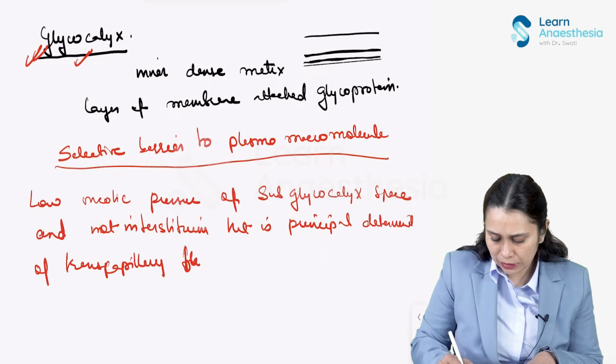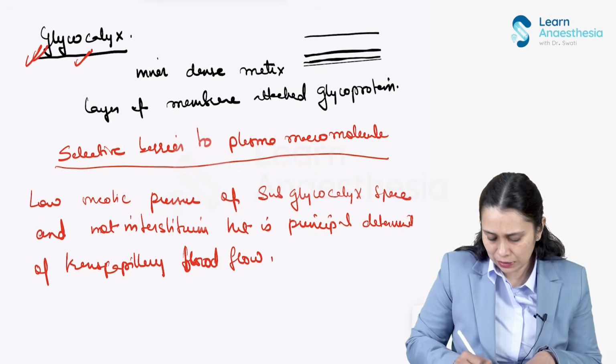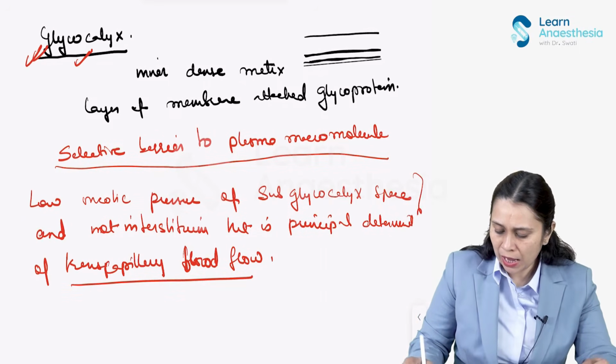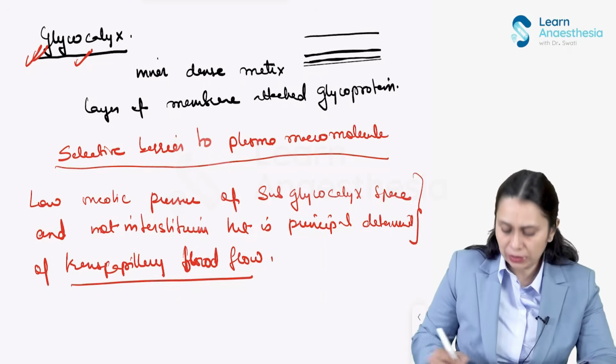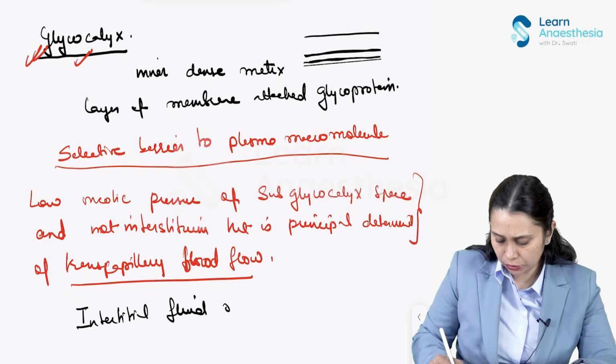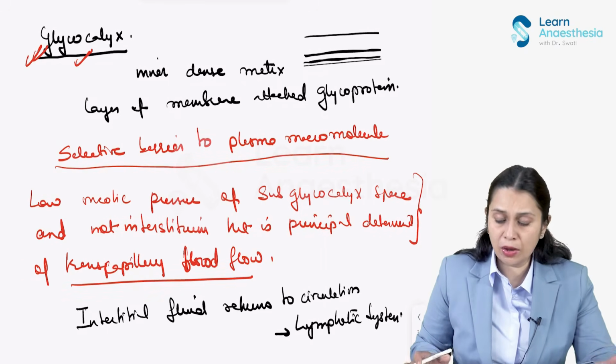So this subendothelial oncotic pressure is responsible for the transcapillary flow. Okay, and apart from that, as I mentioned, the accumulated interstitial fluid returns to circulation entirely, 100%, by the lymphatic system. Okay, so this is the revised Starling's hypothesis.